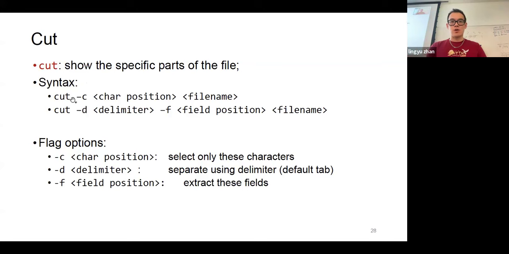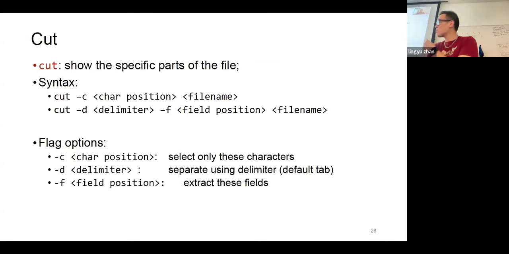There are two ways we can use it: one is with the cut -c flag, the other with the cut -d flag, followed by your input file name. For the second usage, you have a delimiter and a field position, which is basically which column you want to keep.